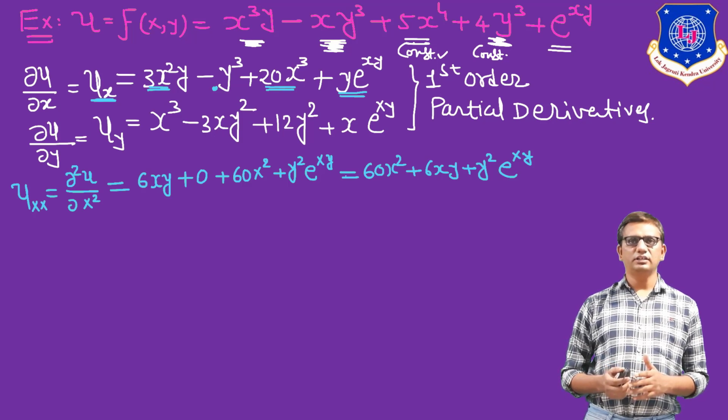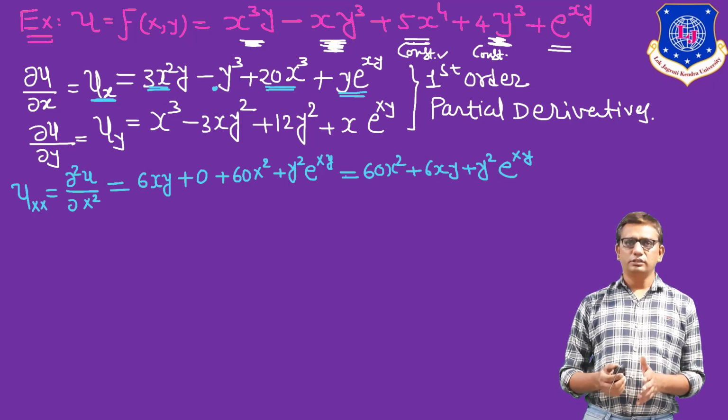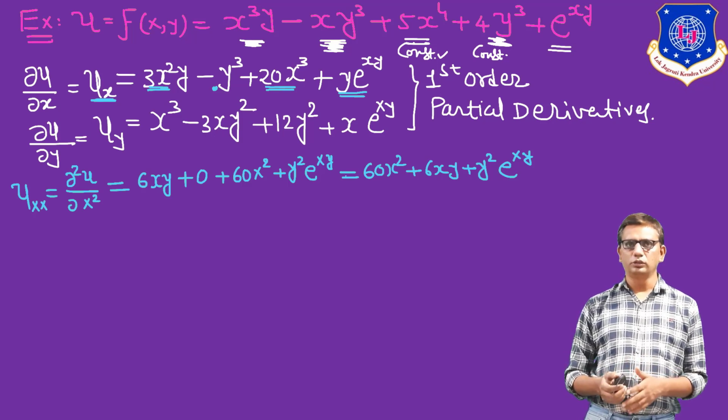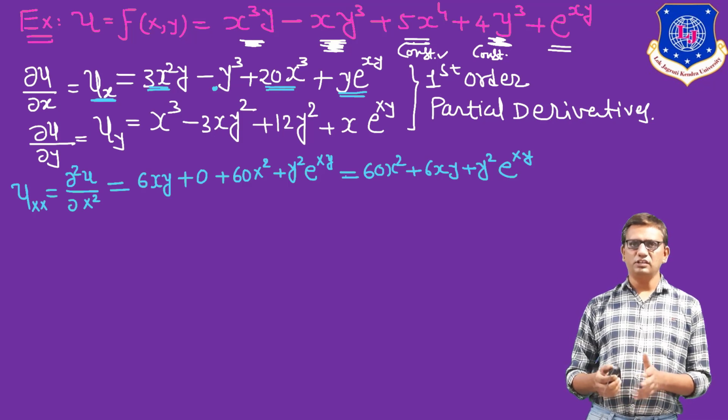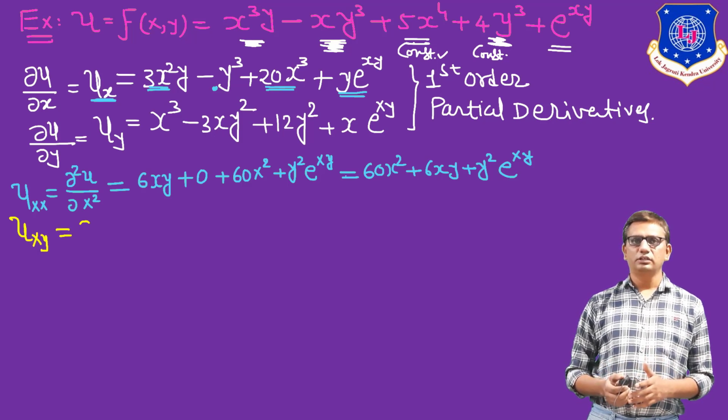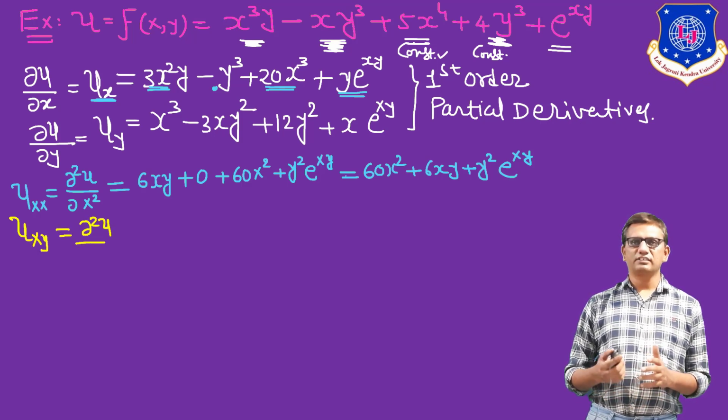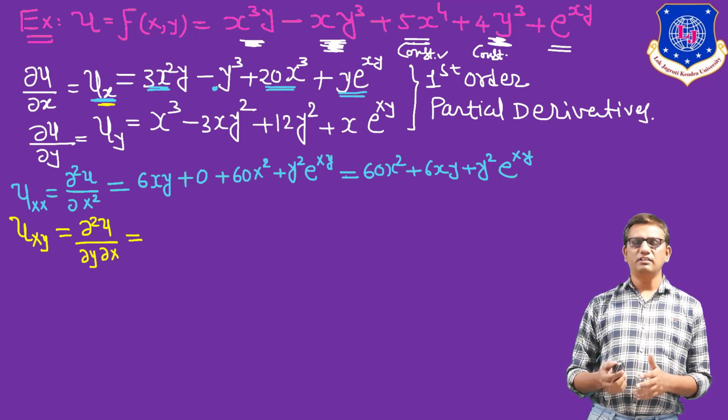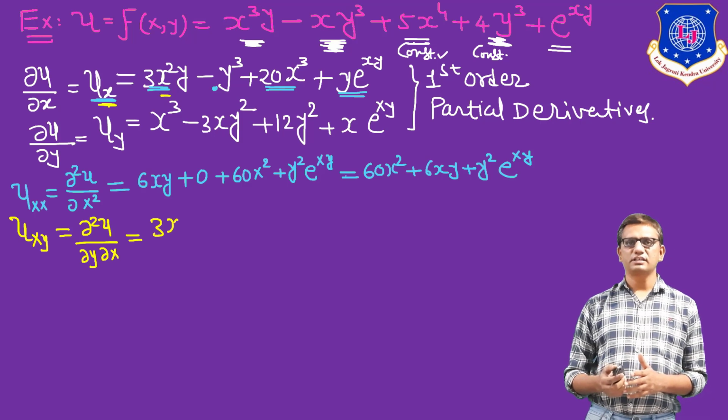Now we will find the mixed term. The partial derivative ux is already ready, and now we differentiate del u by del x with respect to y. So the first function ux we differentiate with respect to y. At that time x is constant. So now we have the partial derivative uxy equal to del square u by del x del y, because del x is already done.